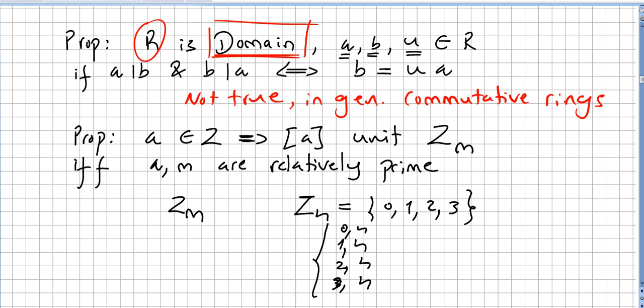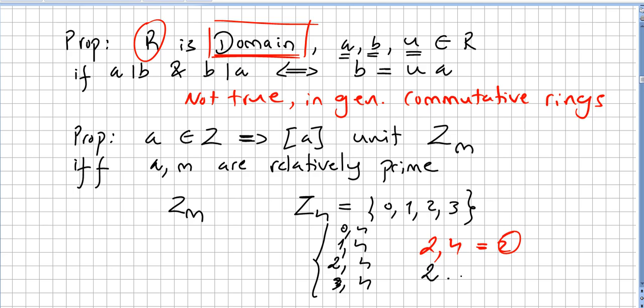Check, for instance, here that 2 and 4 are not relatively prime because the greatest common divisor is 2, right? So since 2 and 4 are not relatively prime, 2 is not a unit, and that is true.